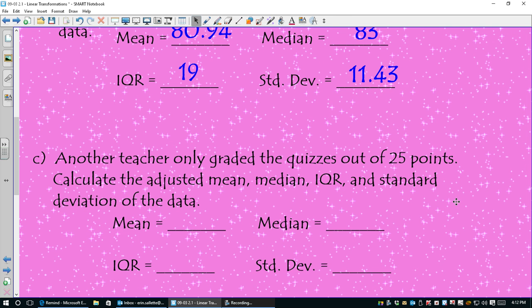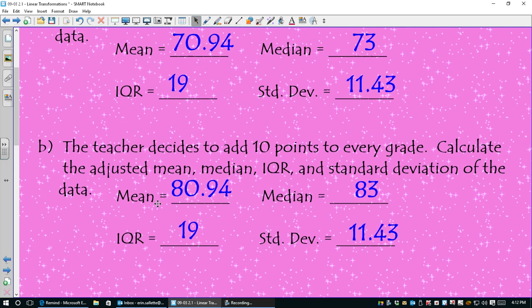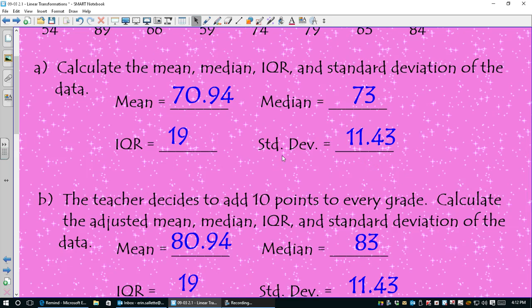So, another teacher only graded the quizzes out of 25 points. So, we're adjusting the mean, the median, IQR, and standard deviation, given the fact that instead of, say, a 50, we're going to divide that by 4, and we're going to get that it's a fraction.